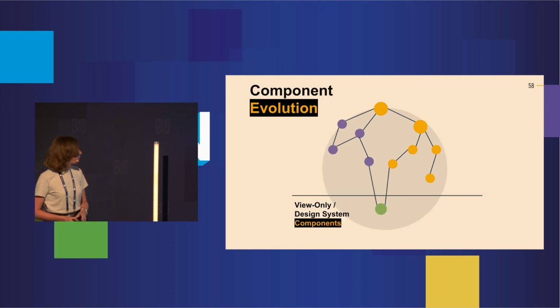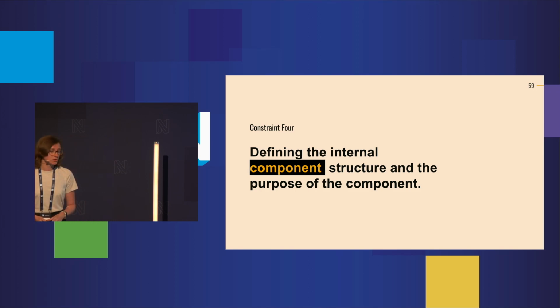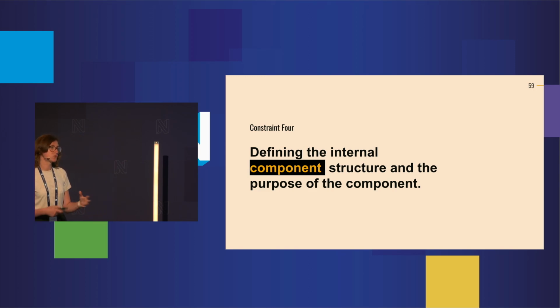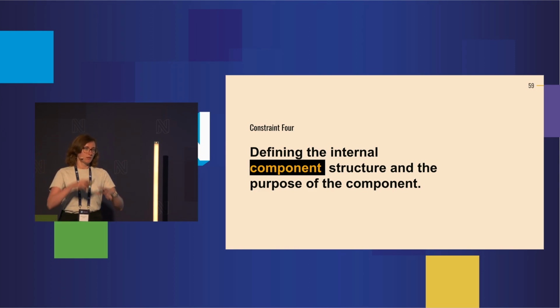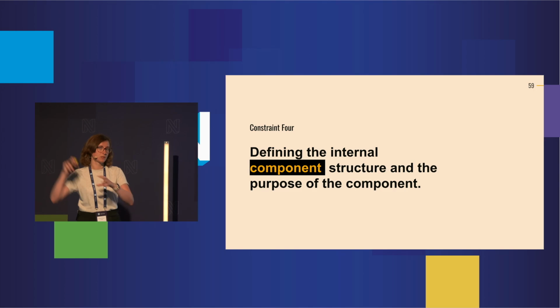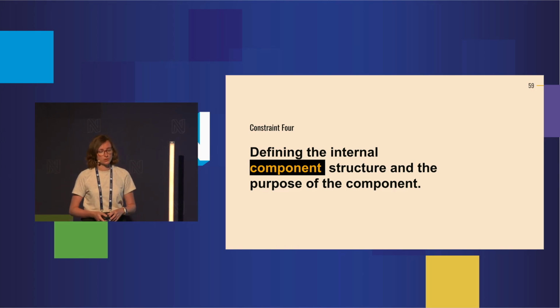And the only components we share are often this view only or the design system core components we have in our system. So that's our fourth constraint: defining the internal component structure, how your components are named and structured internally, and how the process of connecting the business logic with the UI logic works.